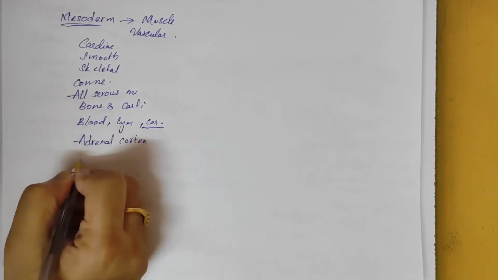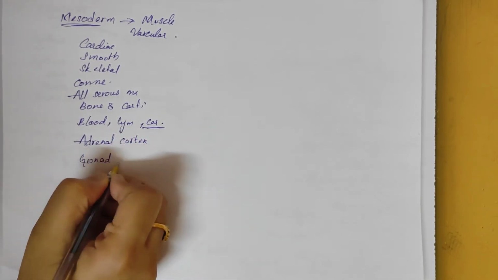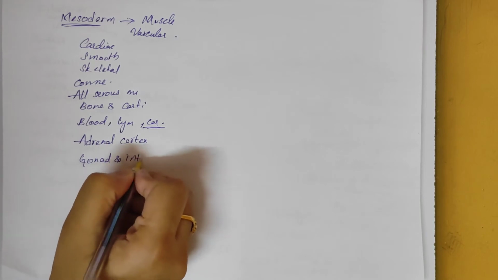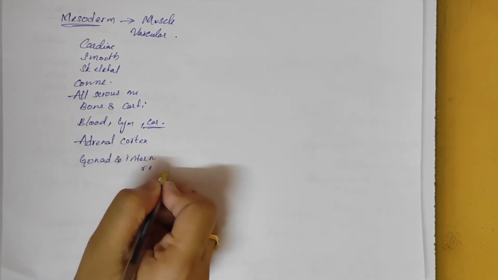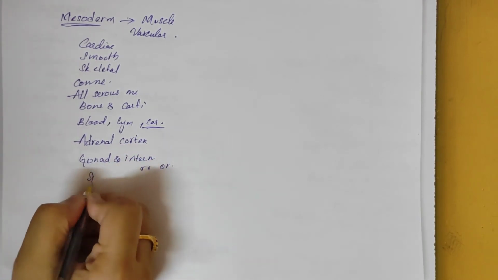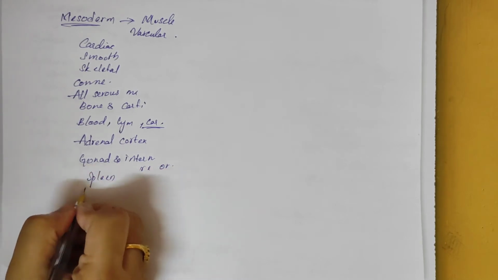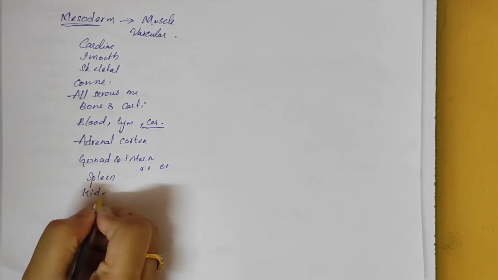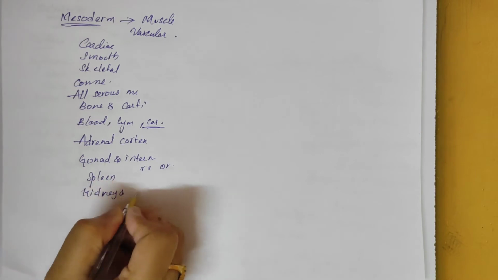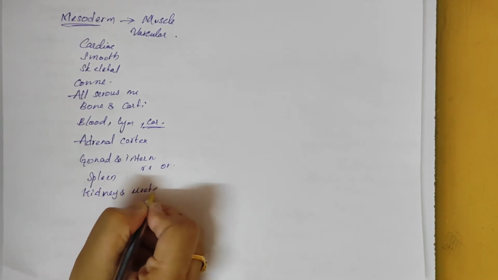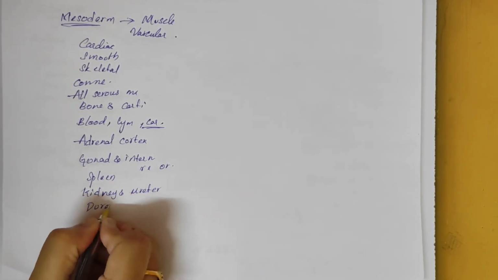And next, gonads and internal reproductive organs, spleen, kidney, ureter, and also dura mater.